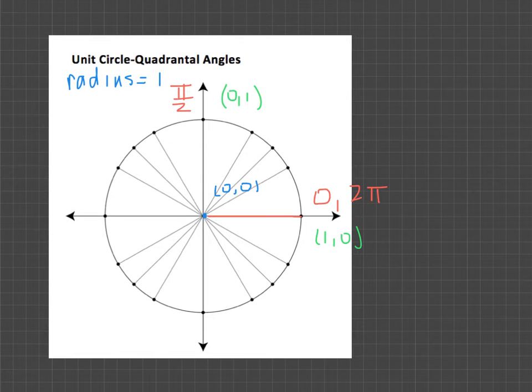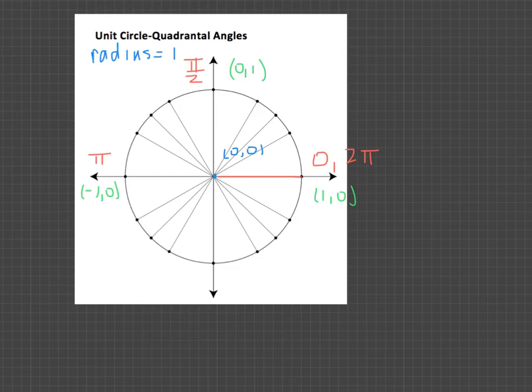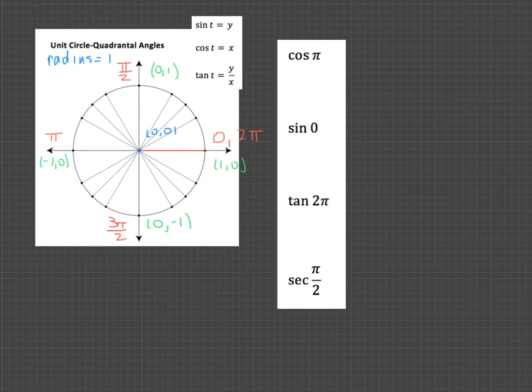If we go 1/2 rotation, we get to pi, and in that corresponding point we're now in the negative direction for x, so it's -1 and y is 0. We go 3/4 of a turn, we get 3 pi over 2, which corresponds to the point where x is 0, y is -1.